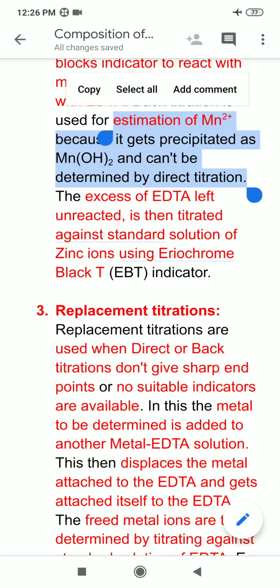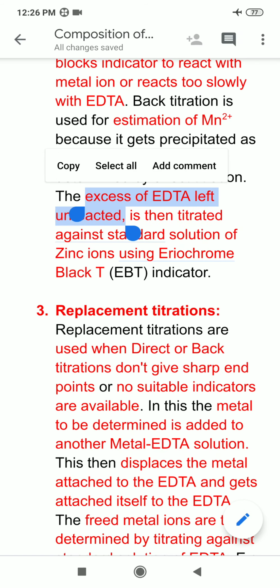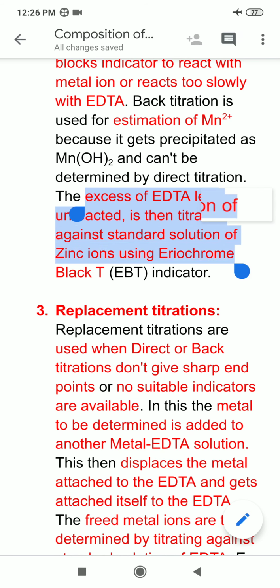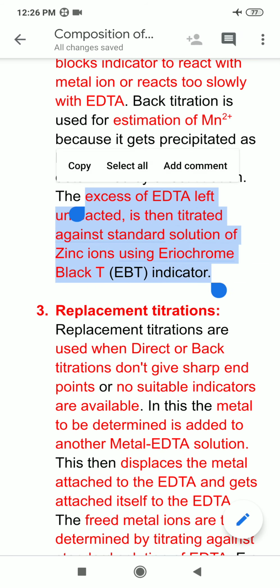We will use excess of EDTA. By adding excess of EDTA, manganese will combine with EDTA, and some of the EDTA will be left unreacted, which is then titrated against a standard solution of zinc ions using Eriochrome Black T as indicator. So by titrating the free or unreacted EDTA against zinc ions, we can determine the amount of manganese in the solution.